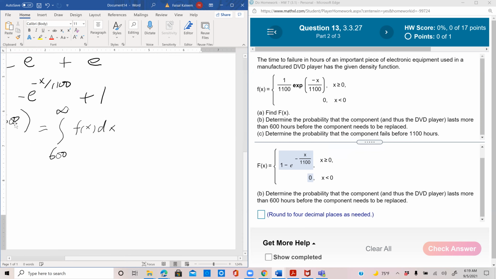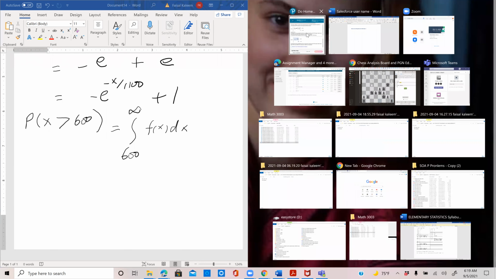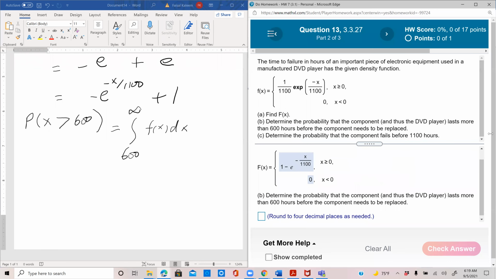So that's how you would do it if you were using the little f of x. But as I mentioned earlier, if you already have the big F calculated, that helps us calculate any other probabilities much more easily, because now you don't have to do the integration again. So probability x greater than 600: the big F is cumulative, so it goes in the less than or equal to.